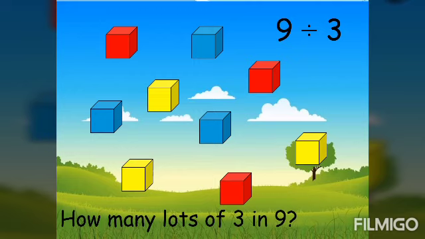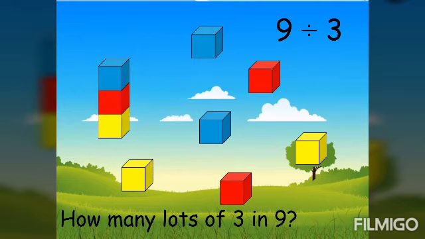Okay, so how many lots of 3 in 9? So take a look at this, guys, how it comes out to its answer, because I'll be showing you 9 divided by 3 and what will be the answer. So how many groups of threes are there in 9 lots?